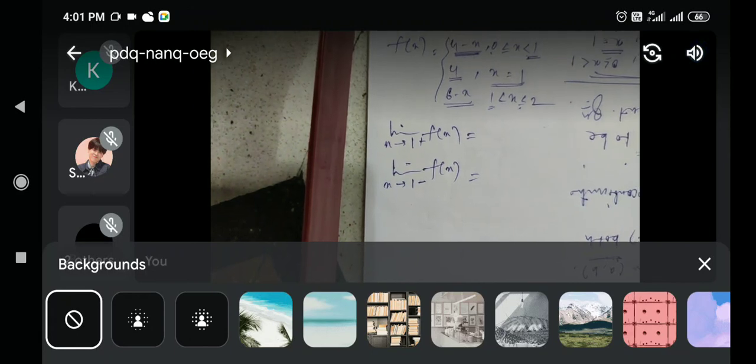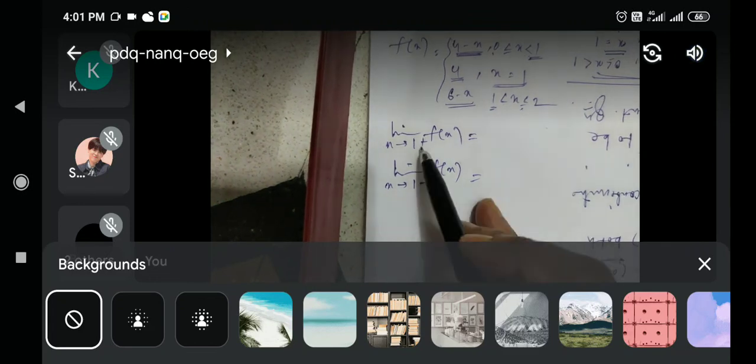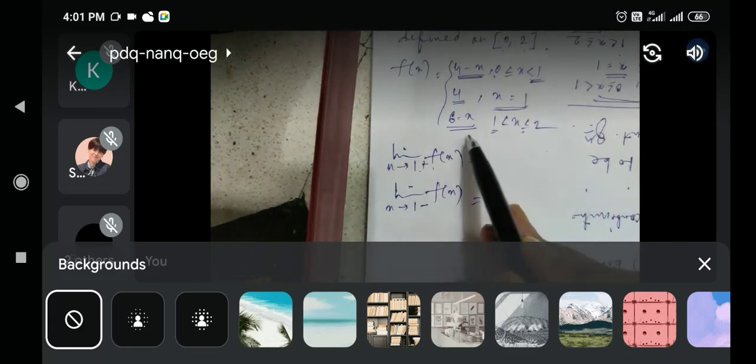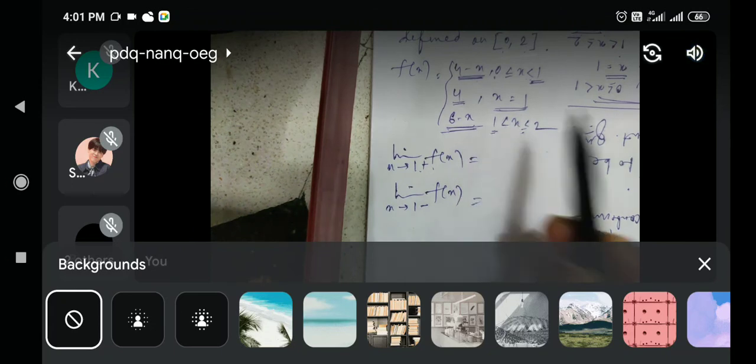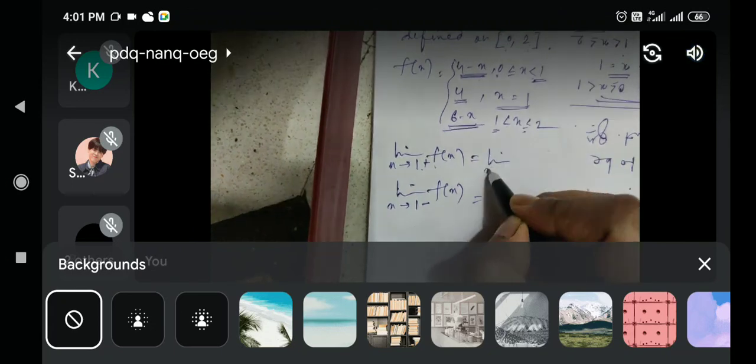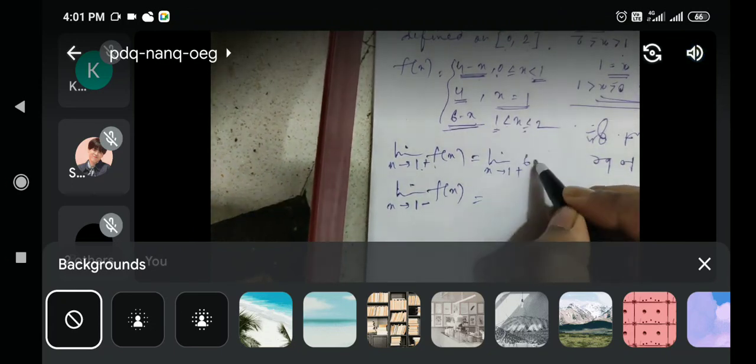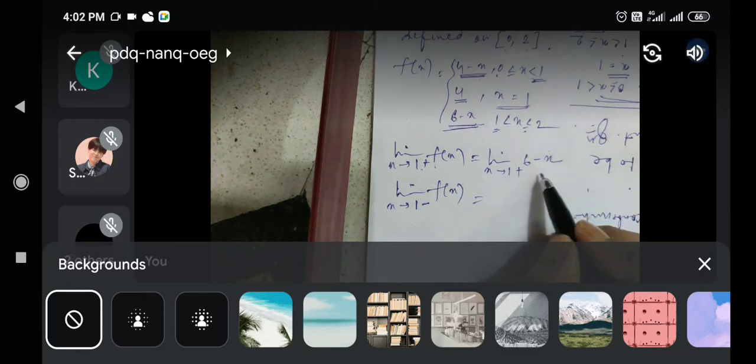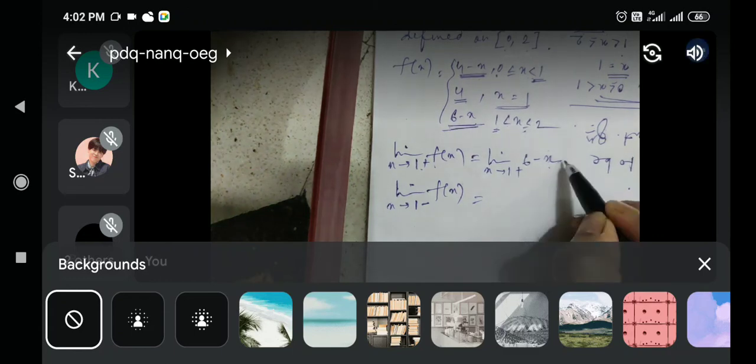Five and 3, right. For 1 plus, it will take the value 6 minus x. Put x equal to 1 and you will get 6 minus 1 equals 5.